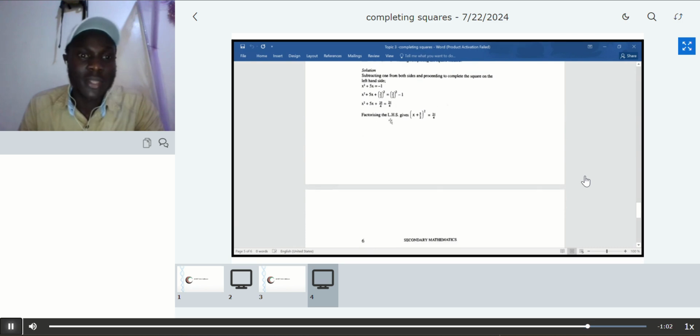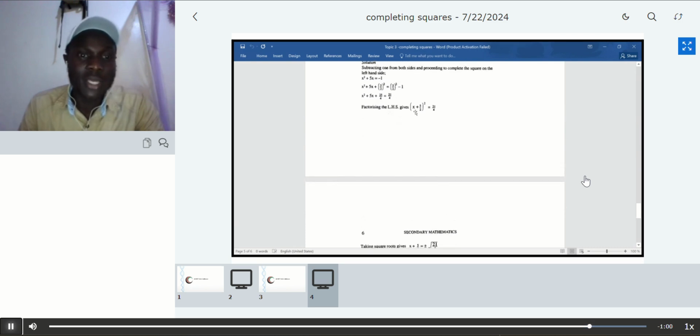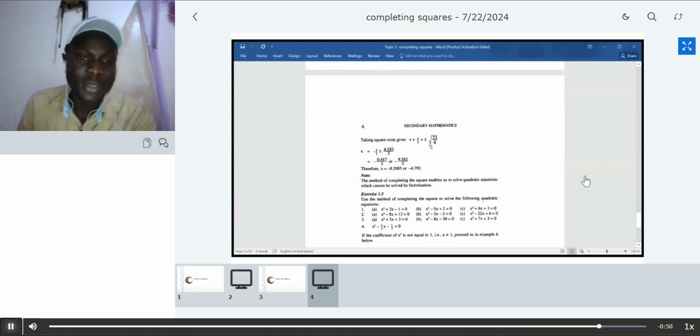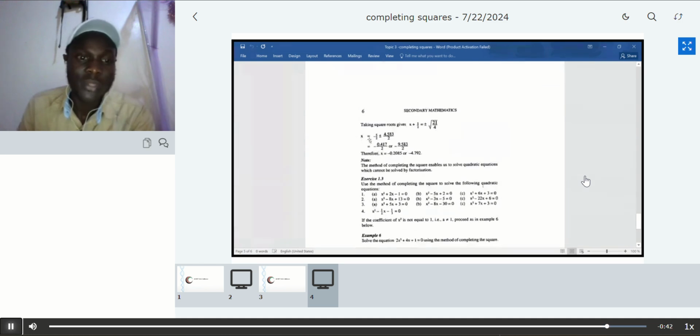We factor the left hand side, and we get (x + 5/2)² = 21/4. Now we take the square root on both sides. So x + 5/2 equals the square root of 21/4, and our x will be equal to −5/2 plus or minus 4.583 over 2.